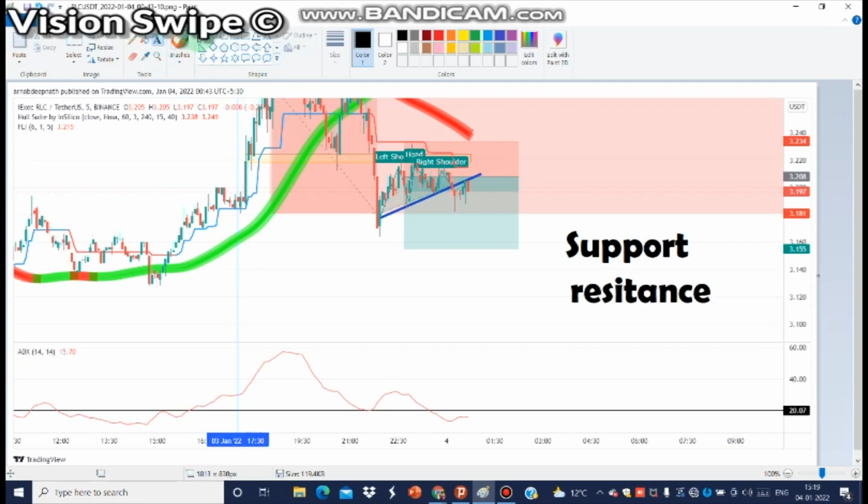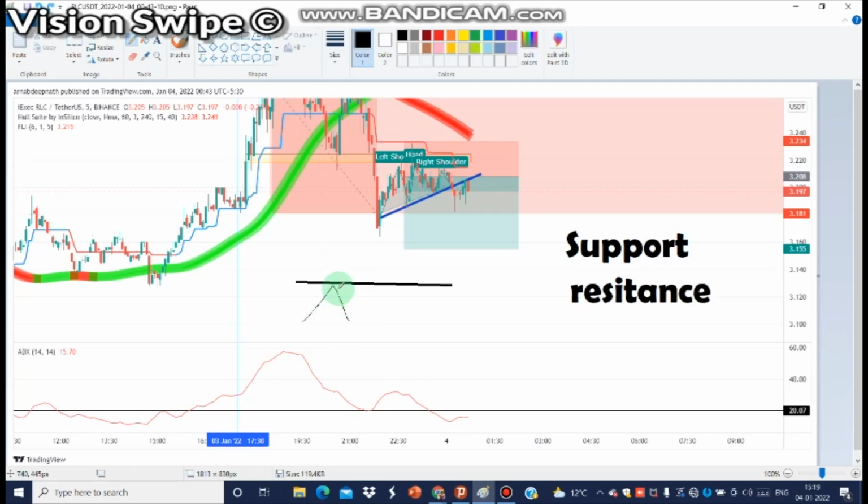Basically, if we draw a line like this, the trade moves like this, like this, like this. Whenever it touches this line and moves down, this line becomes a resistance for this stock, for this trade.